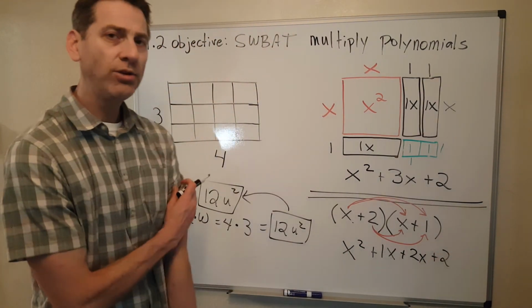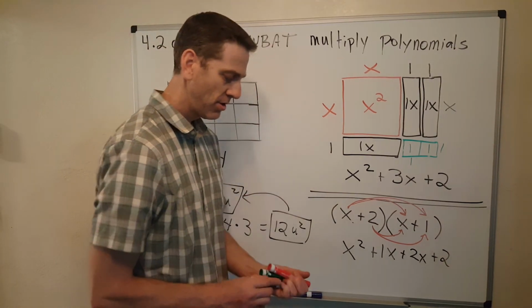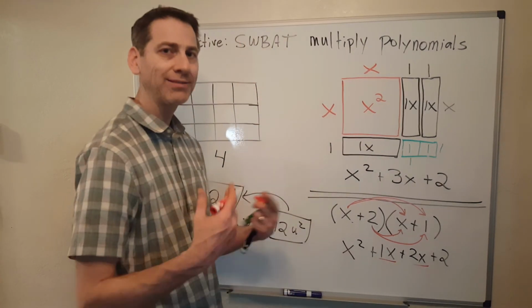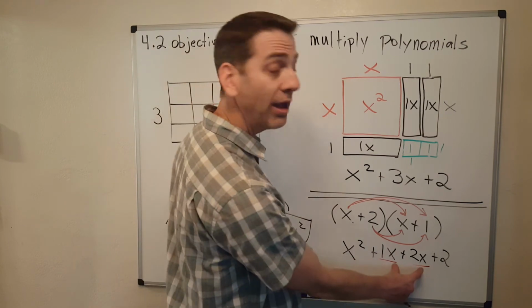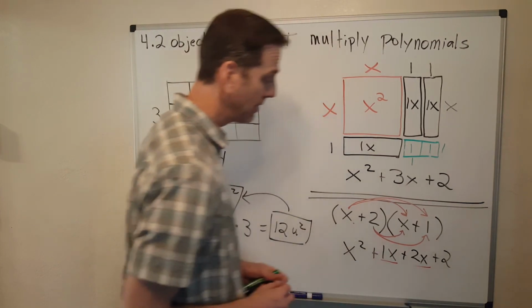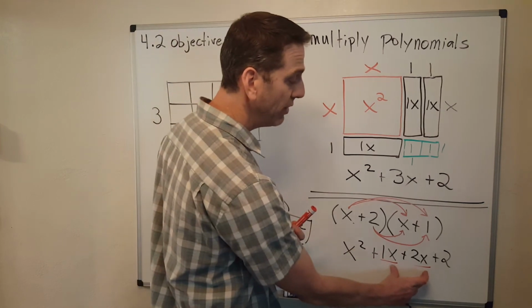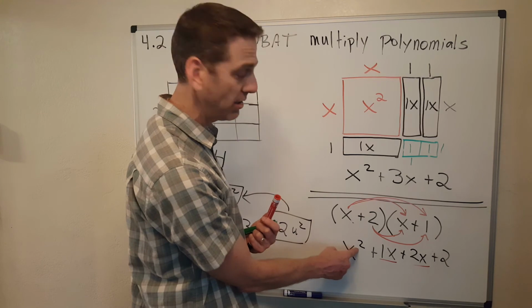All right, so now you'll notice that I have some like terms. All right, so right here, 1x and 2x are alike because they both have the same last name, right? They're both x's. By the way, x squared is not a like term with these x's, okay? Because this is a different degree, isn't it? This is a second degree.